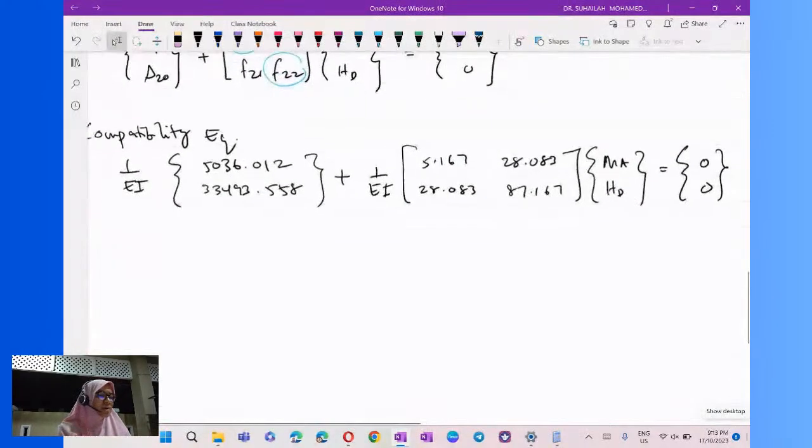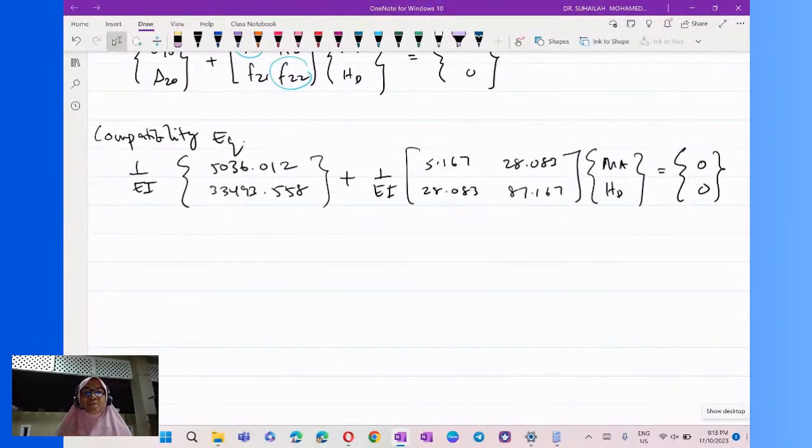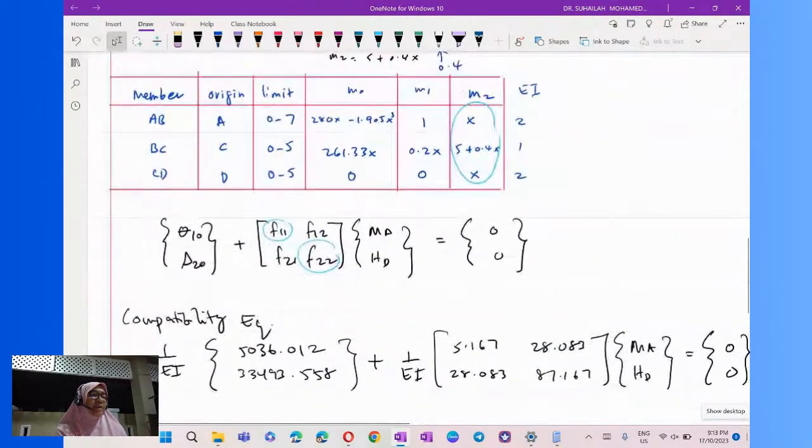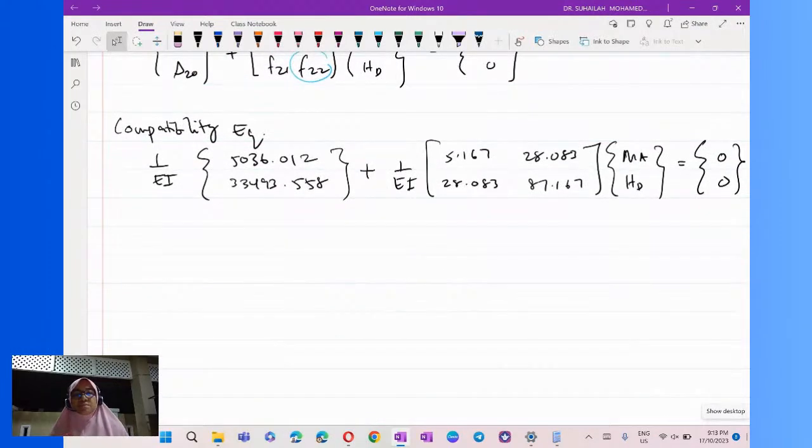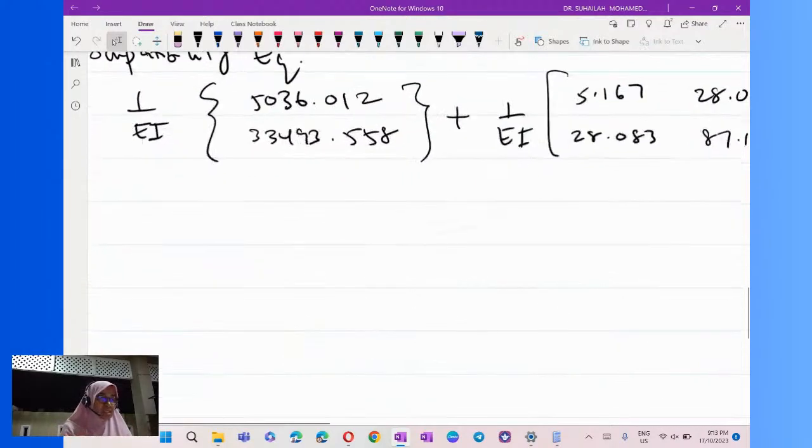Okay, this is the compatibility equation. We get directly from the table. Next we want to solve this.